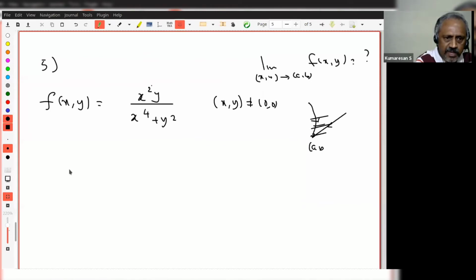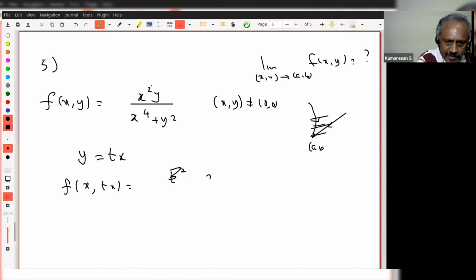The first thing is, let us look at y equal to tx, that is your mx, along this line, whether the limit exists. Then in that case, what happens? x comma tx. That is going to be x squared into tx, therefore it's t into x cube. Do you understand?